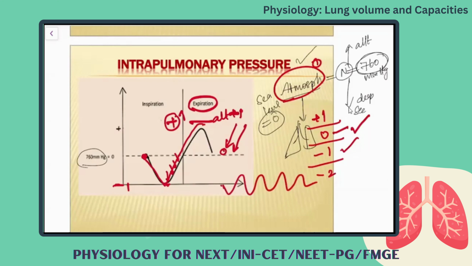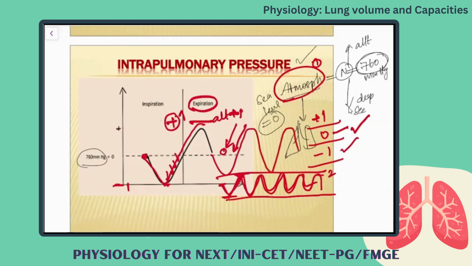So this is the beginning of inspiration; at the end of inspiration, expiration takes place. At the beginning of expiration, again the cycle continues. That is why we get the graphical representation of tidal volume like this, because the intrapulmonary pressure alternates between +1 and -1, which makes the air move from the high pressure to the low pressure zone.